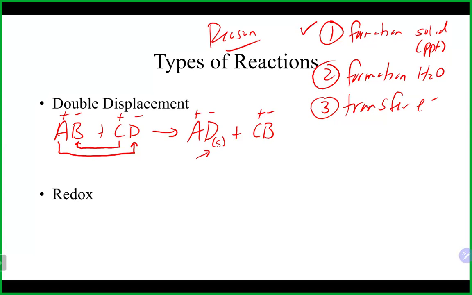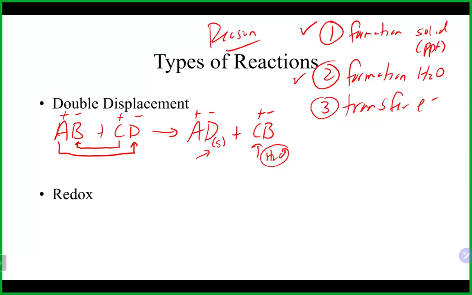Also, it is possible that instead of a solid, perhaps you make water as one of your products. That is the second reason why a reaction takes place. So double displacement reactions account for two of the three reasons: either you end up with a solid, or you make water.